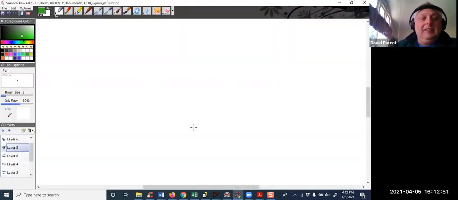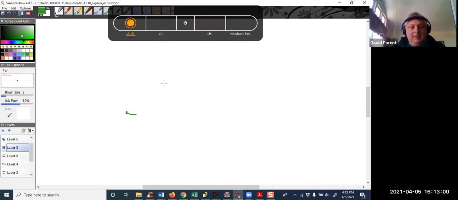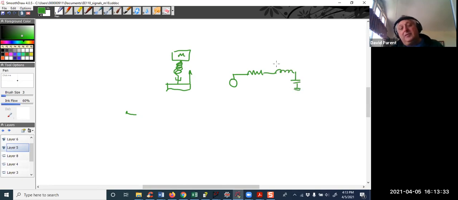Next time, we're going to take a moving platform and a damper system with a spring and a mass, and turn that into a voltage, resistor, inductor, and a capacitor.